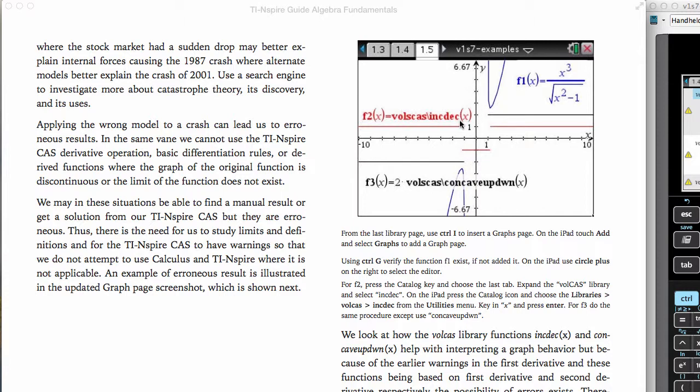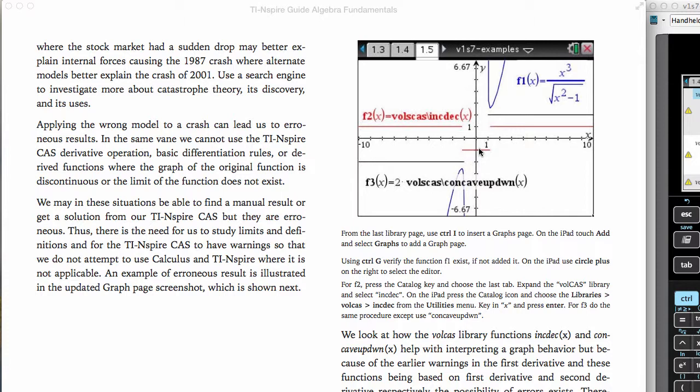We have where the graph is increasing, where the graph is decreasing, where it is increasing, and where it is decreasing. Now, you have to be careful, because when we start doing some of this manipulation, our calculator will substitute in where there's some warnings, and some of these answers will not be correct.